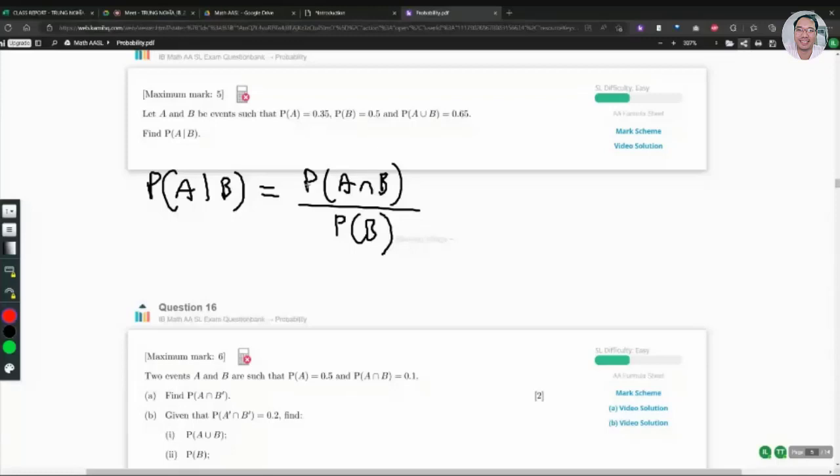Given B, okay, P(A and B), and then divide by P(B). So first, you need to find P(A and B). P(A and B) is determined from the equation of the combined event A or B.